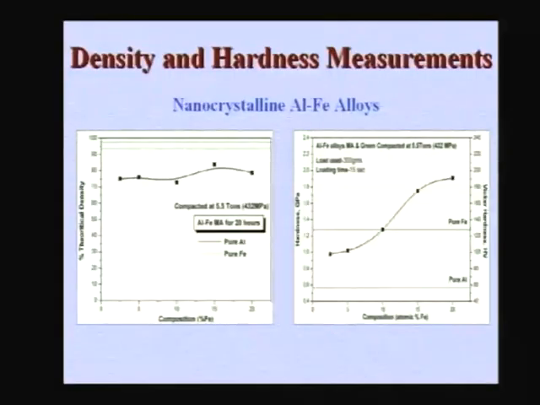You reach densities of around 80% or 85%, and if you look at the hardness of such a green compact, you can reach almost about 2 gigapascals, which is very high for any aluminum alloy. These are just green compacts even without sintering. So, one can achieve such high strength levels in a nano composite.